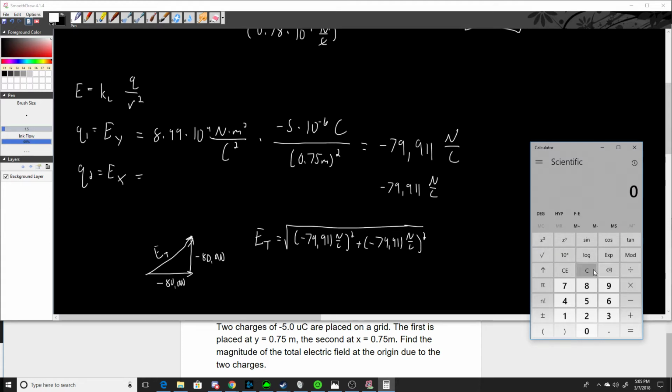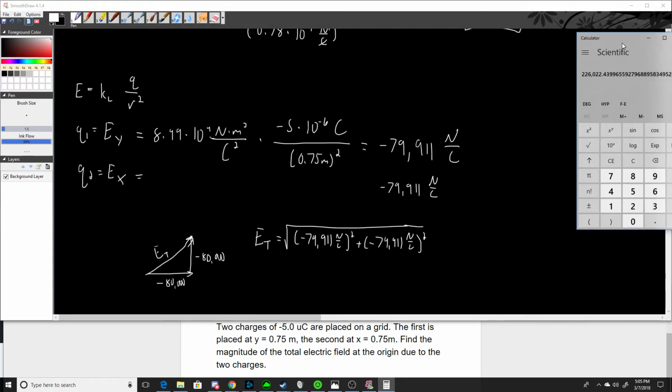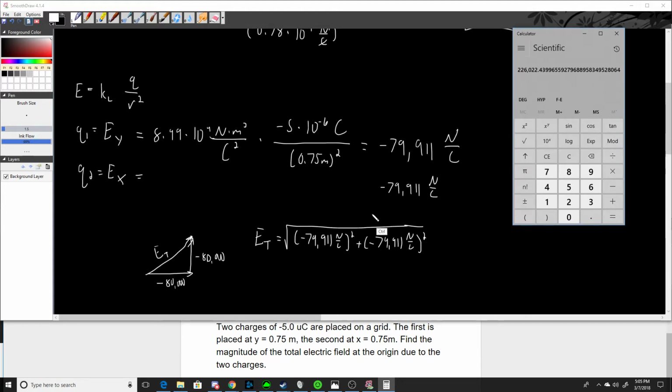I'm not going to bother putting the negative in, since a negative squared is positive. Actually, I could just take that times 2, equals, square root. I get a total answer of 226,000.